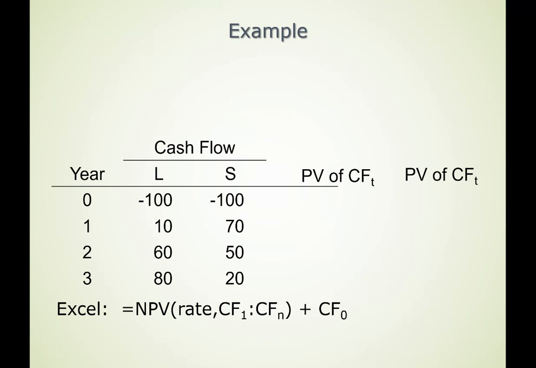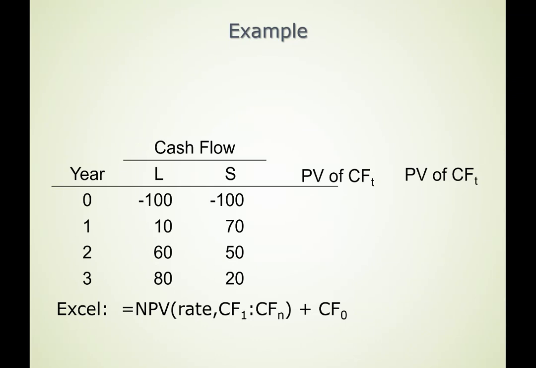Again, we said what we need to do is determine the net present value. There are many methods you can use, from what we learned in previous chapters, all the way from time value of money. You can use a financial calculator, financial tables, or Excel.